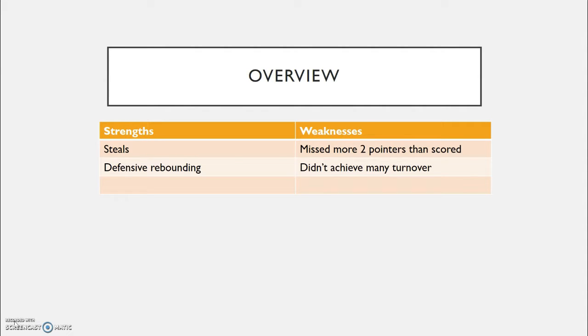You were able to gain the ball by steals. This allowed your team to keep possession of the ball more. However, he needed to work on his 2-pointers because he missed more than he scored. Yet he still attempted to shoot, which is good, and you didn't achieve any turnovers.